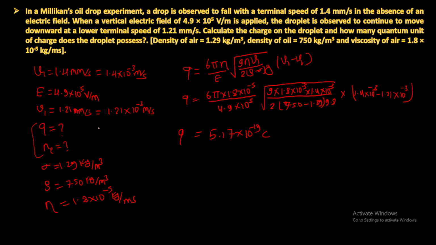The second question is how many quantum units of charge does the droplet possess? That means, what is the number of electrons in the given oil drop? By using the concept of quantization of charge, Q equals n e, and n equals Q by e.